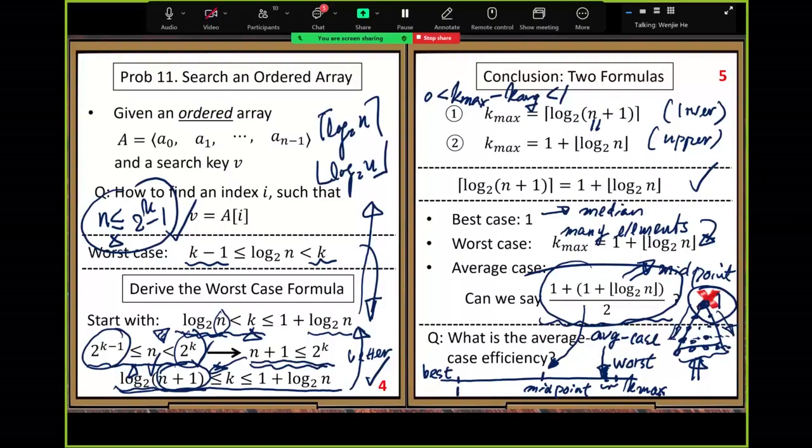Now we need to have a break. When you come back at 7, I will show you how to calculate the average case efficiency for the binary search. Because in the review session today, we only need to explain quiz number 3. I already opened up the answers.